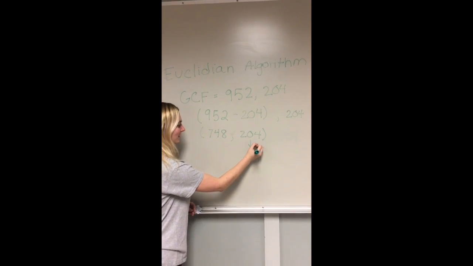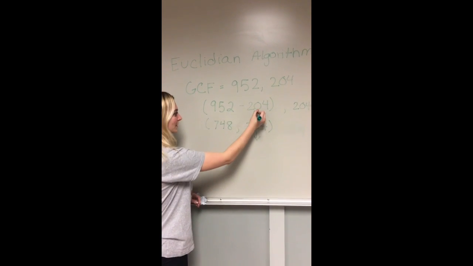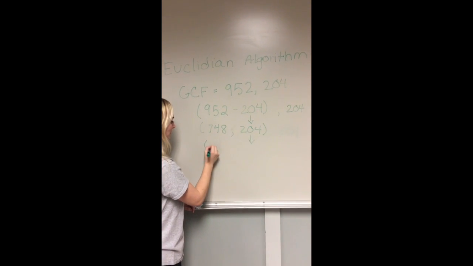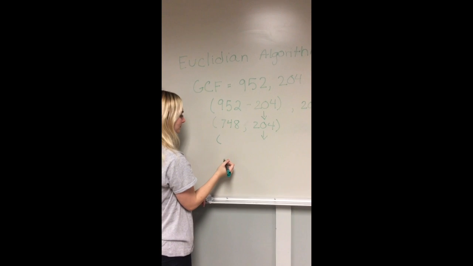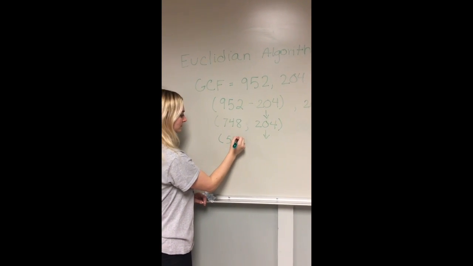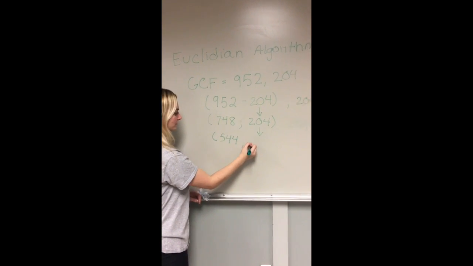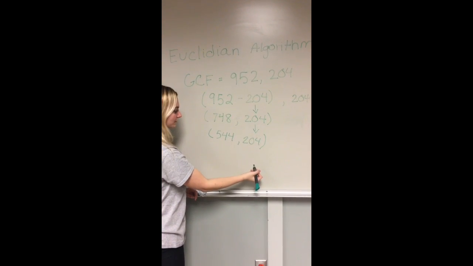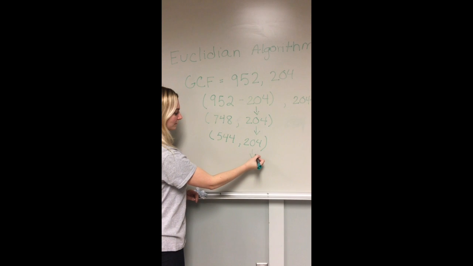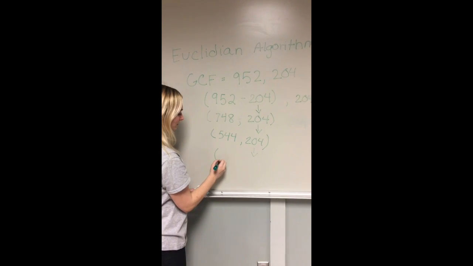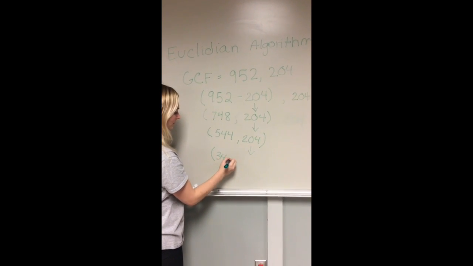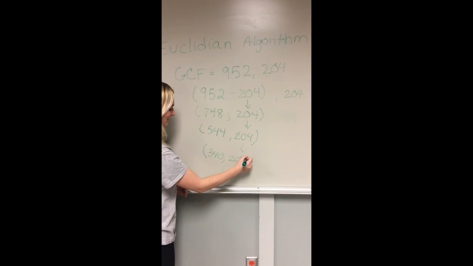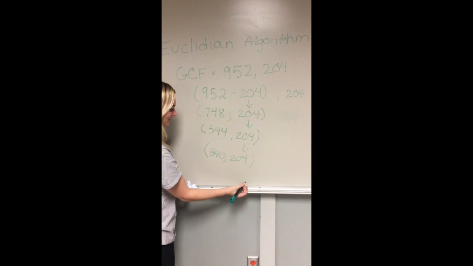To continue the process, we bring down 204 again because it was the smaller number. 748 minus 204 is 544. 204 was again brought down because it was the smaller number. 544 minus 204 comes out to be 340. And then you bring down 204 because it's still the smallest number.